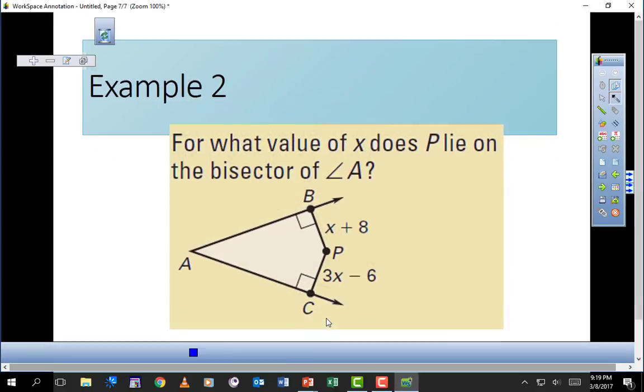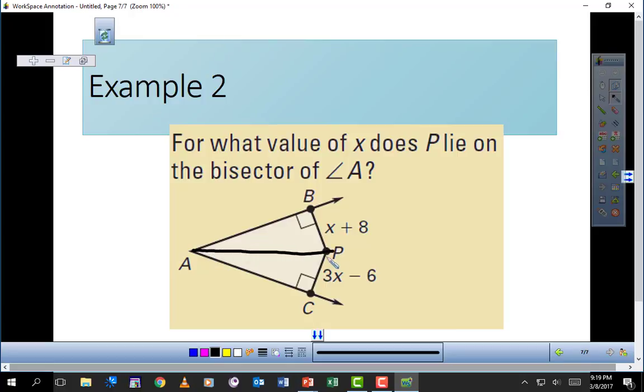Well, for what value of x does P lie on the bisector? Well, if this is a bisector, then that would mean that these two distances are congruent based on the first theorem that we talked about. And if those are congruent, then we know that the lengths of these two sides are congruent, or equal. And so we get an equation, 3x minus 6.